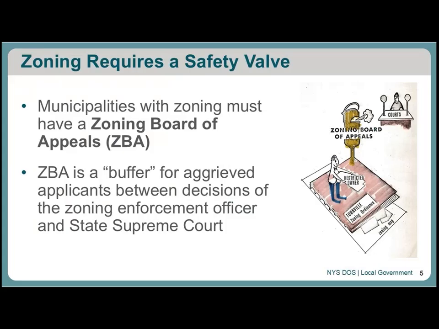The purpose of the zoning board of appeals is to provide a quasi-judicial role that allows someone who either needs relief from zoning or disagrees with a determination of whether or not their proposed land use activity is in conformance with zoning, that instead of having to go to state Supreme Court to seek relief, they can go to a local board to seek that relief or an interpretation.